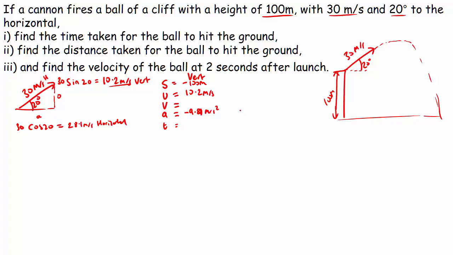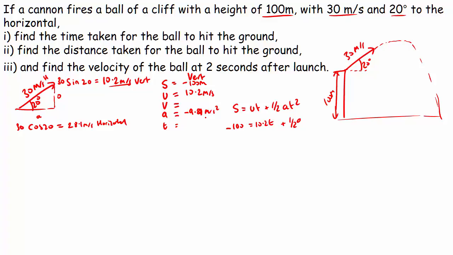Right, so I can use my equation from the suvats. s is equal to ut plus half at squared. I've got s as minus 100. I've got u as 10.2 times t plus half.